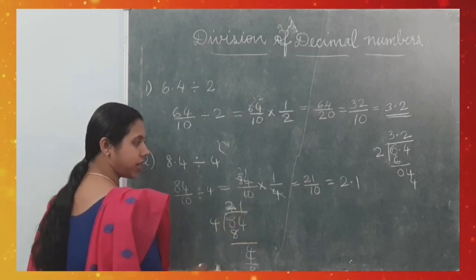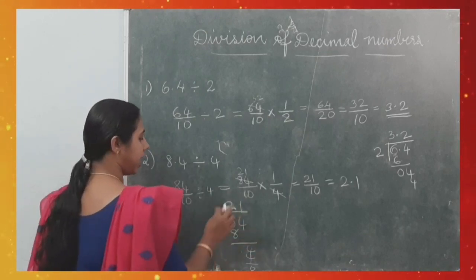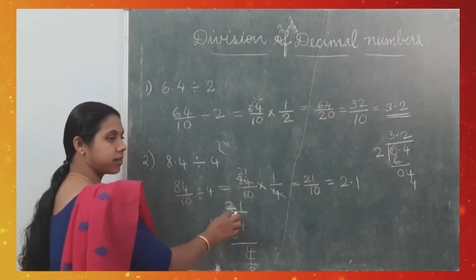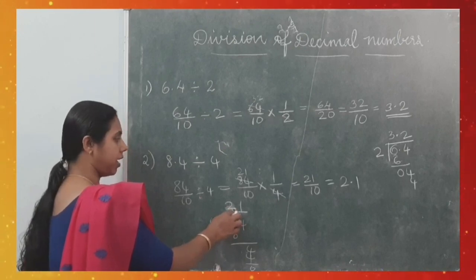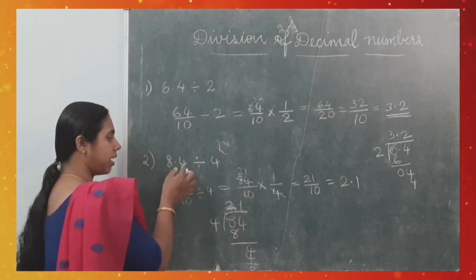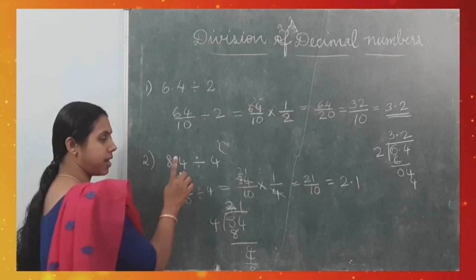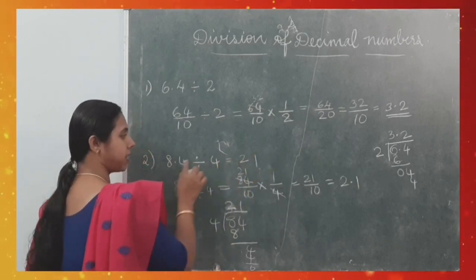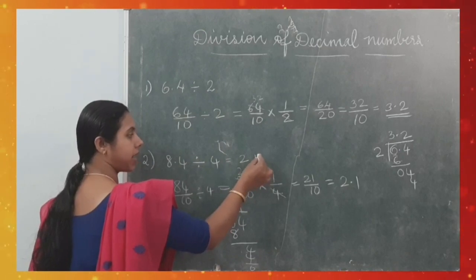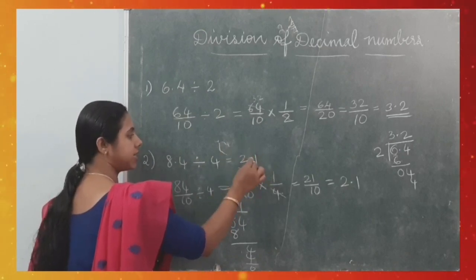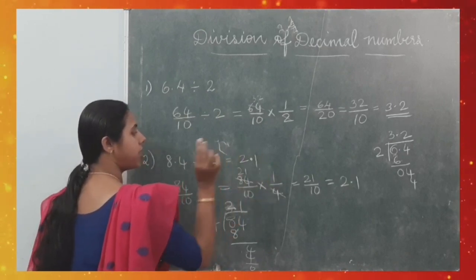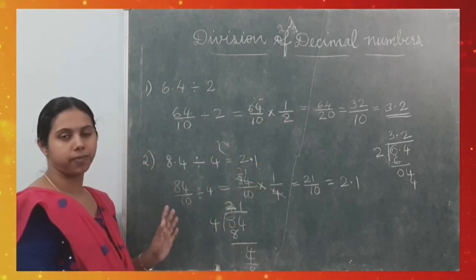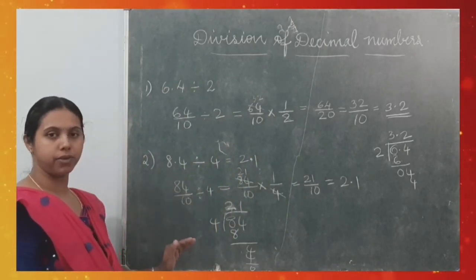So the answer is 21. 84 divided by 4 is equal to 21. In this question, there is only one decimal place. So when you are writing the answer, you should put one decimal place. Count from the rightmost digit and put one decimal place. So it will be 2.1. Both ways you can do it.